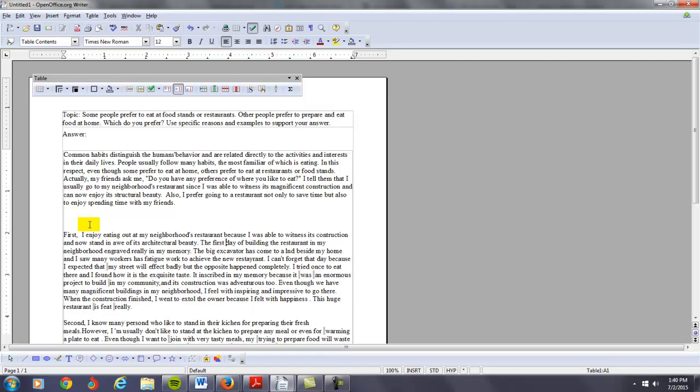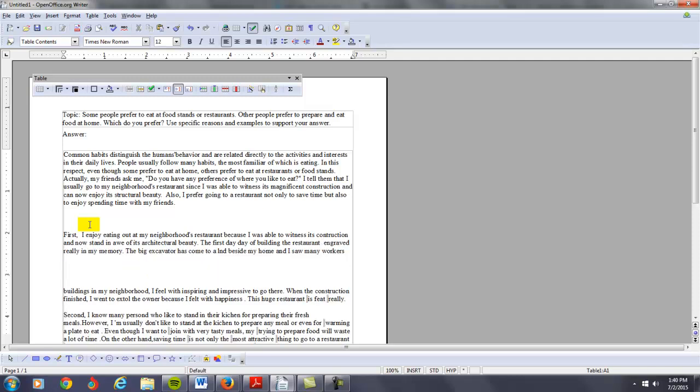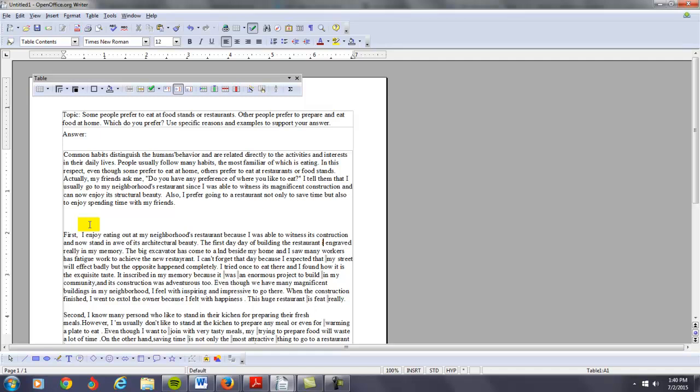How about this? The first day of building the new restaurant. Probably not just say in neighborhood because we already said that. How about is engraved in my memory?